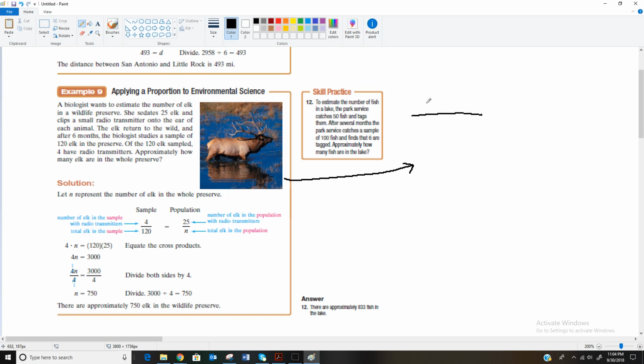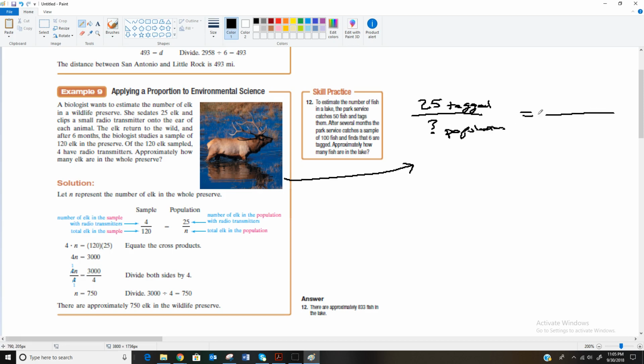So what she did is she tagged 25 elk out of the entire population, and that's what we don't know. So we don't know out of the entire population what proportion she tagged.